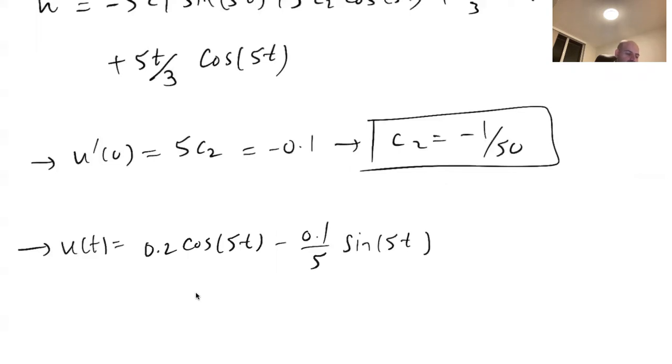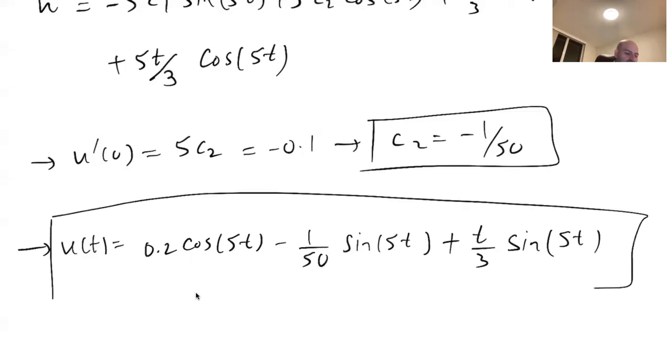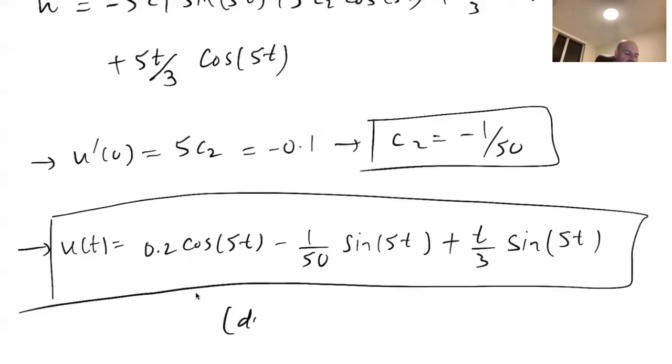What if I wrote it as minus 1 over 50? Let me write minus 1 over 50 sine 5t and plus t over 3 sine 5t. So this is the final solution, or the displacement function, as a function of time, basically.